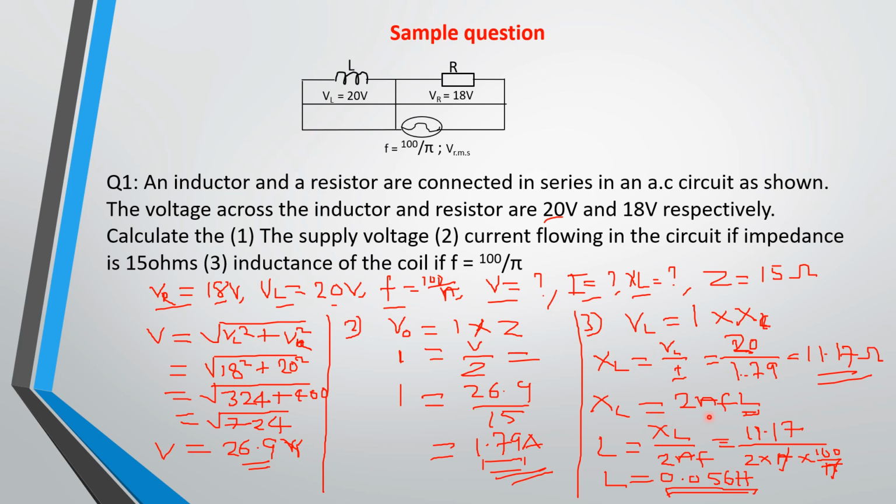Then this is the inductance of the coil, and the total of the coil is the inductance of the inductor, right? So please, this is how to go about this type of question. All right, so I hope this is clear. So we'll still solve another problem.